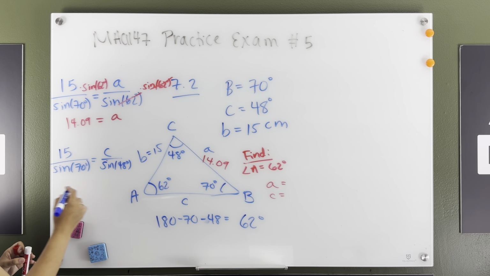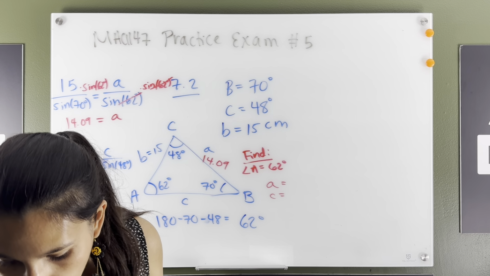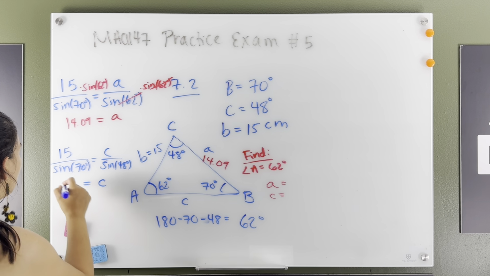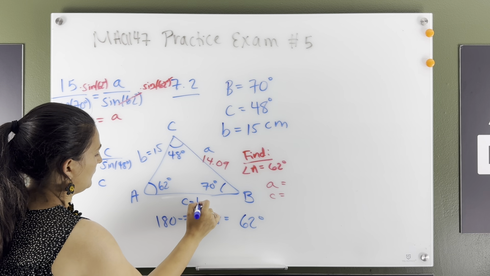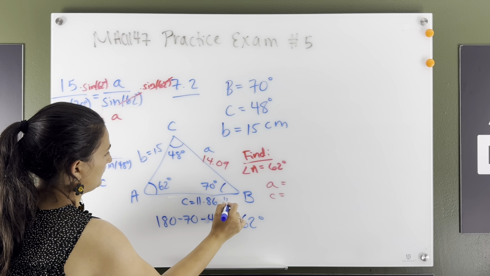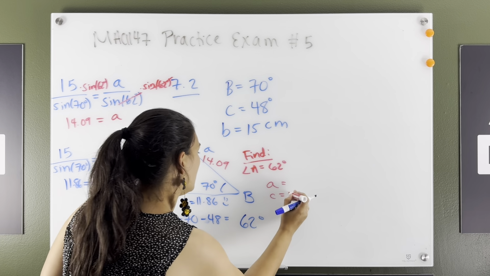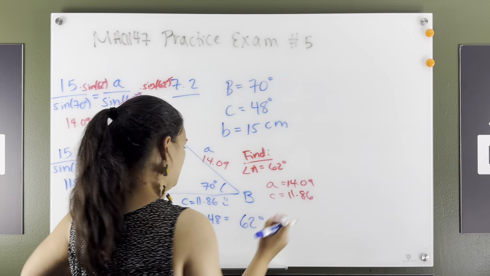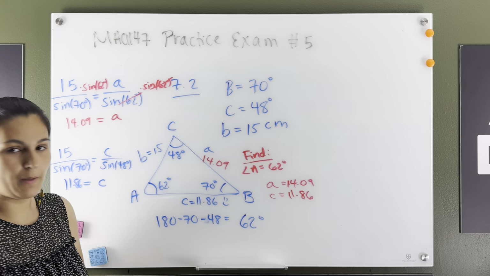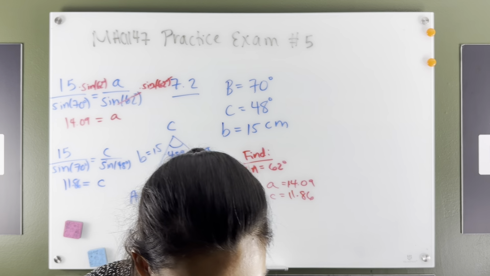Then you do the algebra, and you should get C equals 11.86. Okay, awesome. This is going back to law of sines.